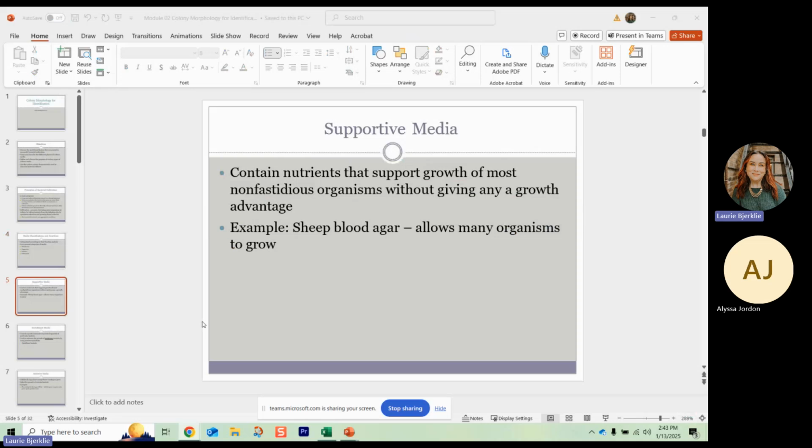And so I don't want to go with this whole, oh, sometimes it can grow some fastidious, but not others. Nothing is ever perfect, but the way we're going to learn this is sheep blood agar is only supportive. It grows pretty much everything except fastidious stuff. It won't grow those. Let's just keep it to that. It's easier as we learn this.